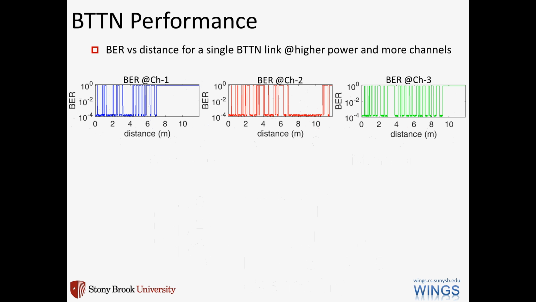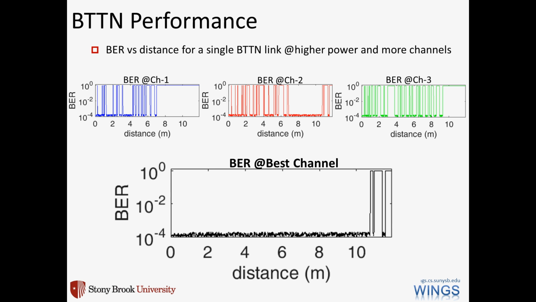So we increase the CW carrier provider power, and we add more channels to the transmitter. So channel 1 is the BER, and channel 2 and channel 3. As we are able to choose the best channel, then we can achieve a 10 meter radius communication link.